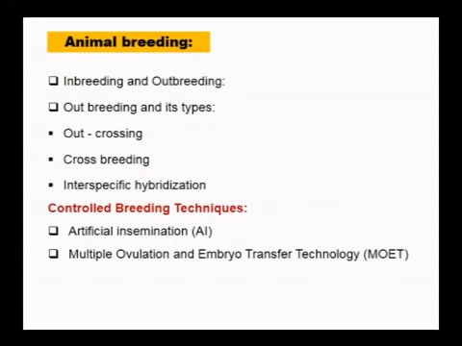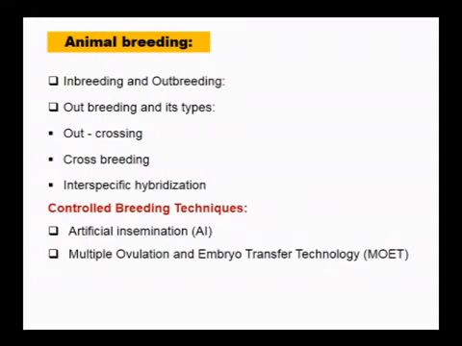This inbreeding has advantages like elimination of harmful recessive genes, combining the beneficial traits or characters, increasing homozygosity. But continuous inbreeding results in inbreeding depression, which results in loss of fertility as well as yield.